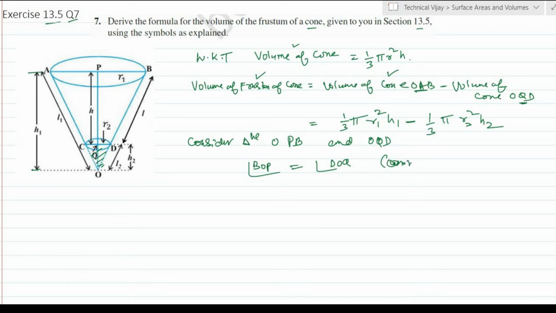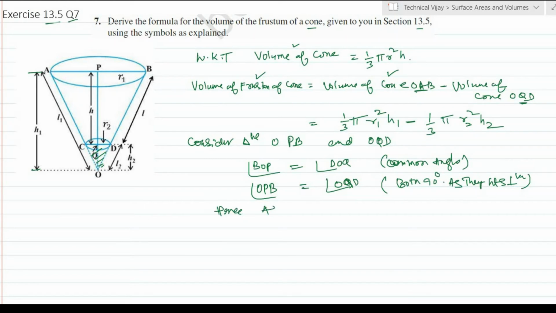So both are the same. Also angle OPB is equal to angle OQD, because both are 90 degrees, as they are the heights, which are perpendicular. Hence by AA similarity, that is the angle similarity criterion, both triangles are similar.